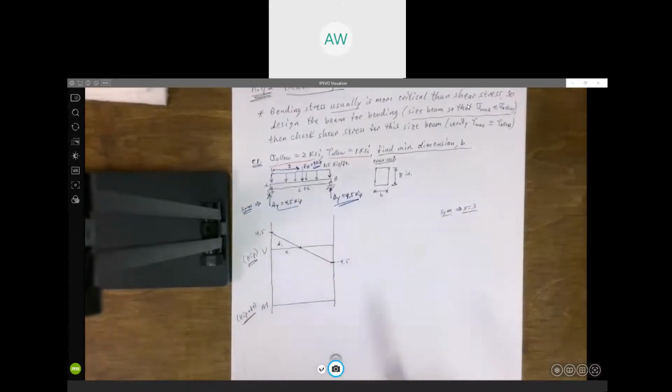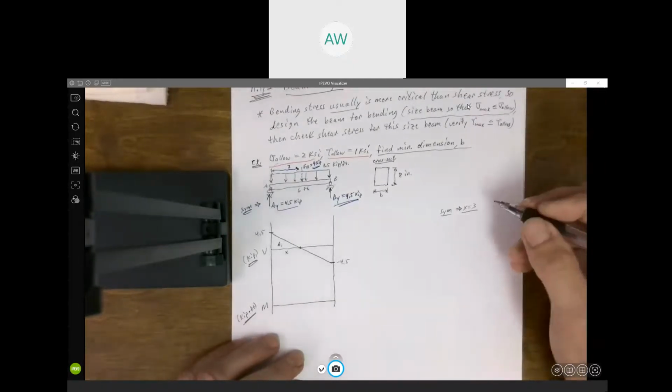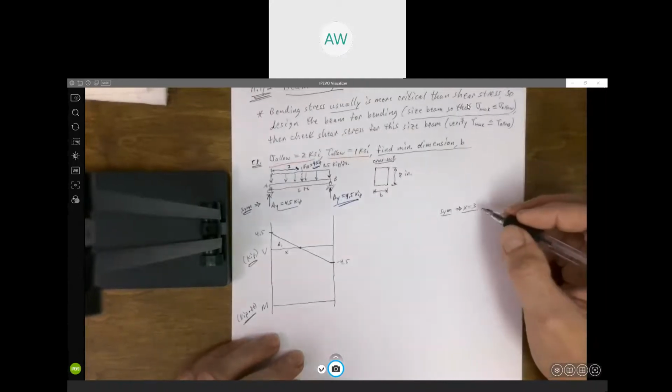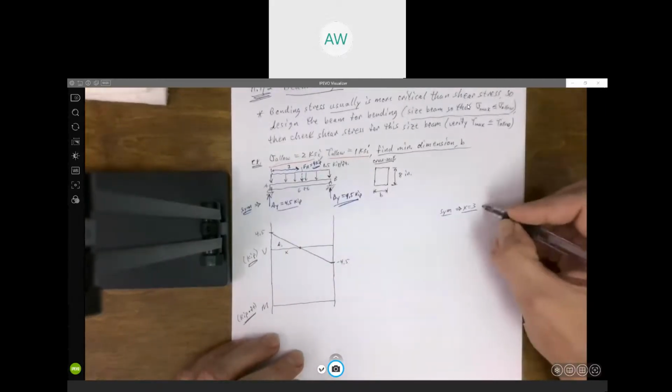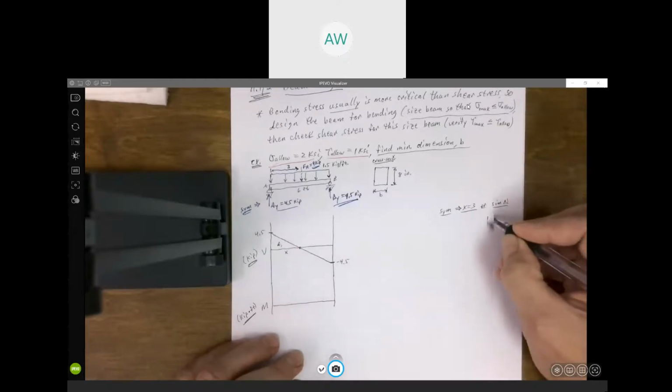If this distributed load didn't go the entire length of the beam, and we had some other stuff going on, it wouldn't necessarily cross halfway. But if you are not sure whether, due to symmetry, it's going to cross halfway, it's real easy. You can use similar triangles, and determine exactly where it does cross.